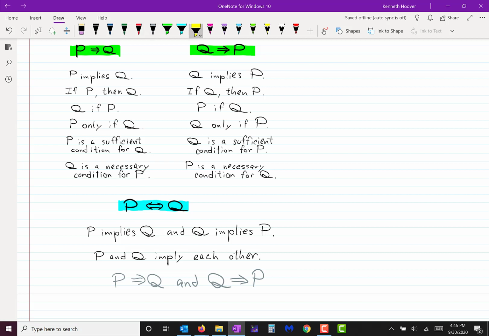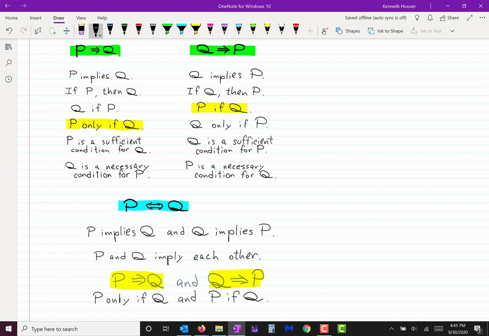How about if for this one right here, P implying Q, let's write that: P only if Q. And for this one, Q implying P, let's choose that wording: P if Q. Now this sounds a little bit clumsy, but that's okay.